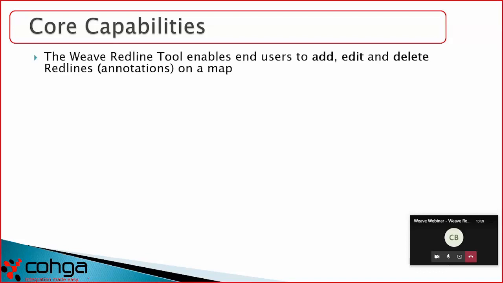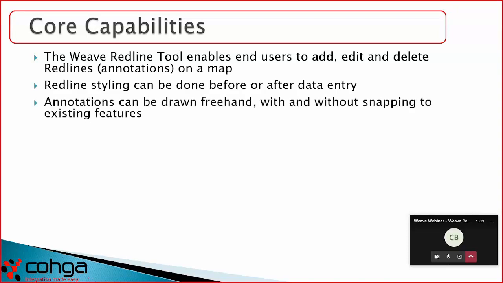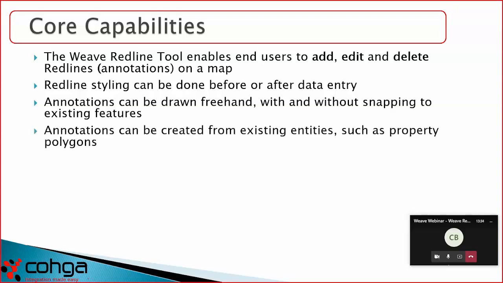Core capabilities. I'll just run through a few of these to introduce you to them, and then I'll take you through a demonstration. Basically, the Weave Redline tool enables end users to add, edit, and delete red lines or annotations on a map. They can be styled before or after data entry. They can be drawn freehand with or without snapping to existing features.